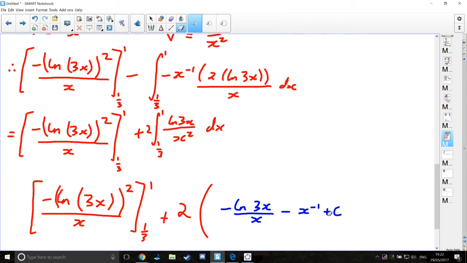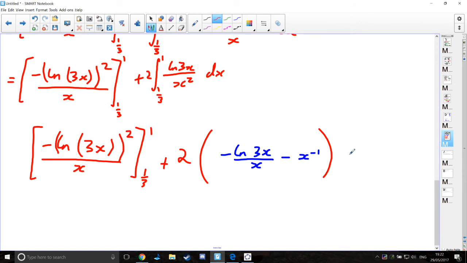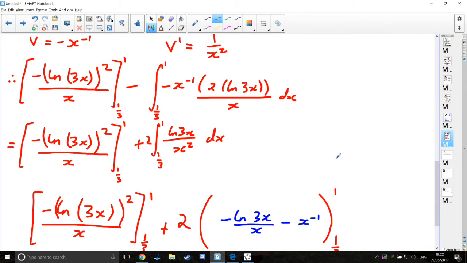And, oh, I'll get rid of that plus c, we don't need it, this is a definite integral. There we go. That's it. This is also between 1 and a third.